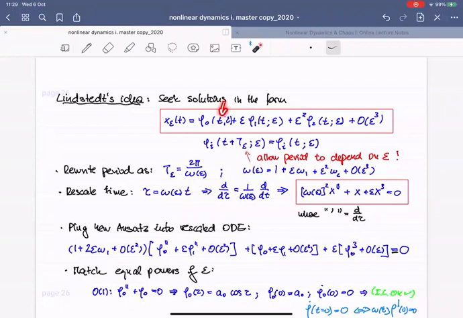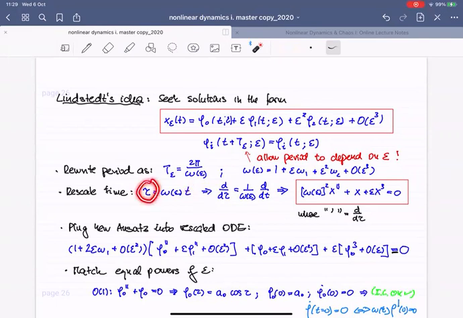The argument of phi will be in the new time, free from any epsilon dependence, but it will be carried externally by the equation itself. So it will be easier to work with. When you rescale time, you introduce the new time tau, which is this omega of epsilon, the frequency, times t.